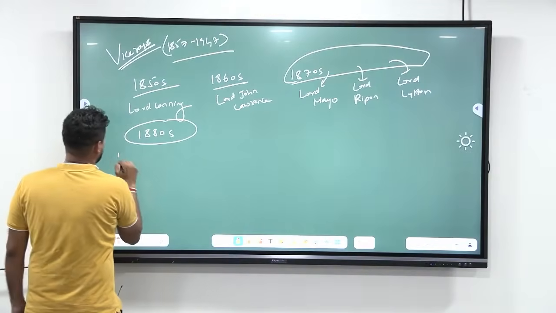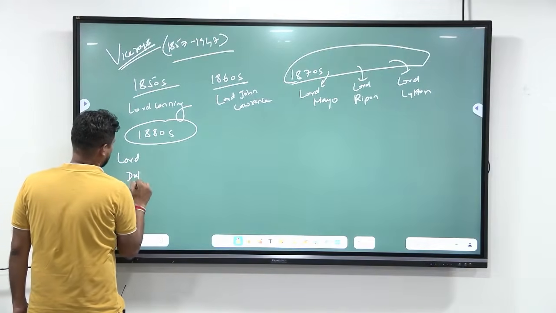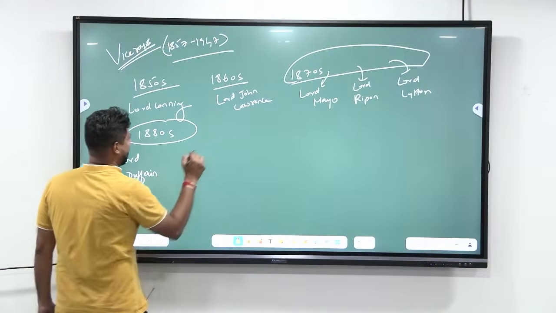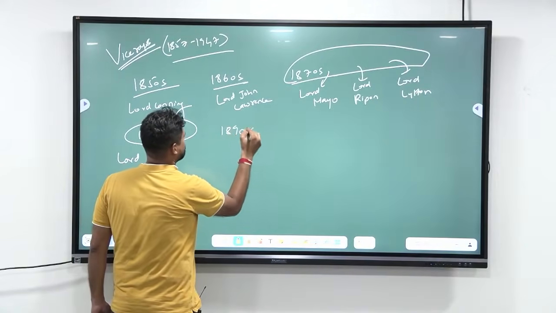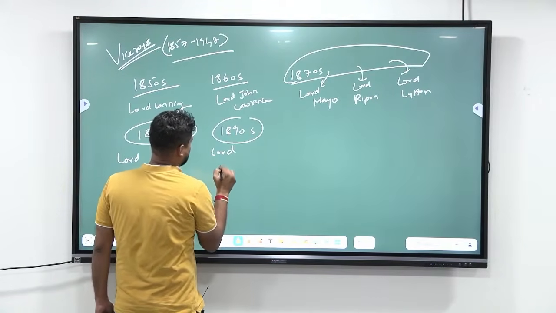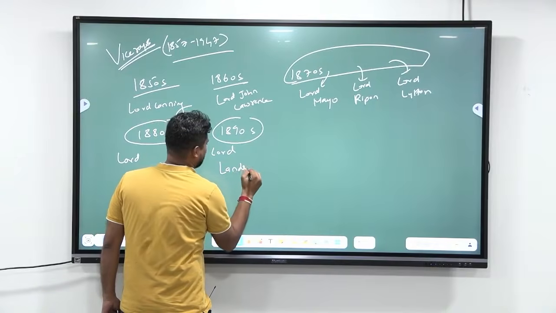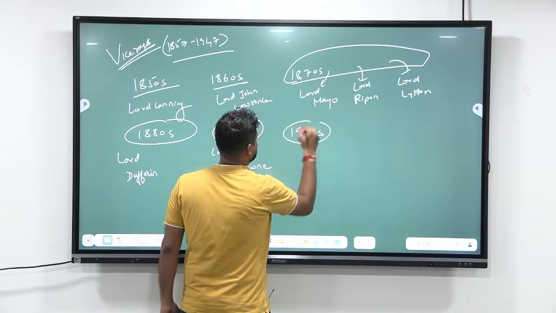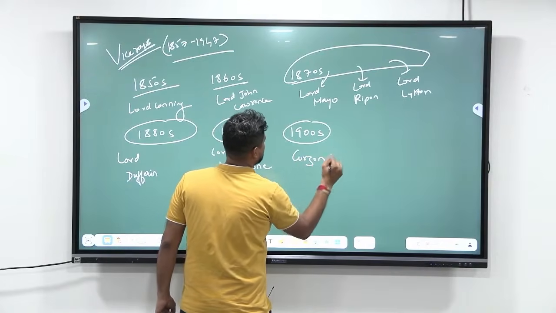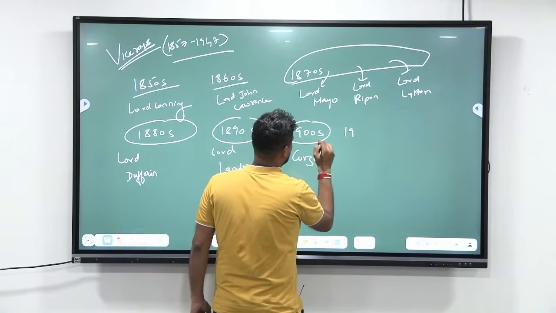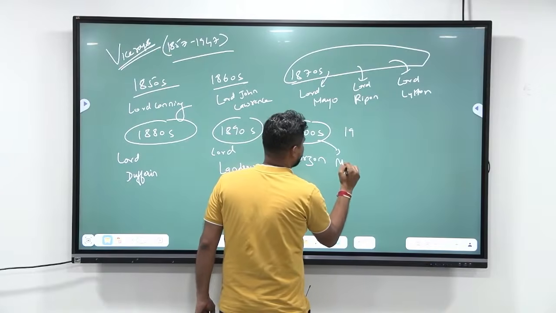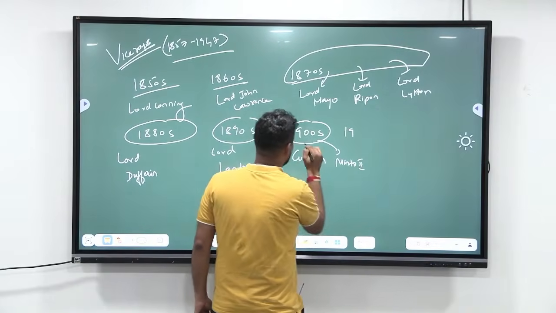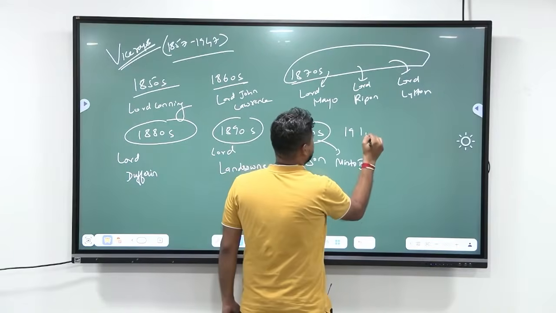You have Lord Dufferin. Then 1890s, you have Lord Lansdowne. Then 1900s, you have Curzon. You also have Minto 2. You have Curzon and then you have Minto 2.